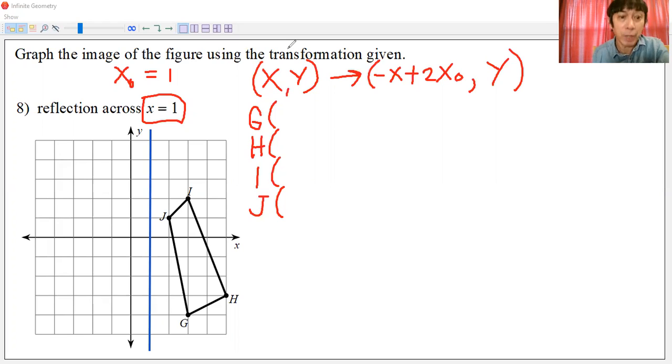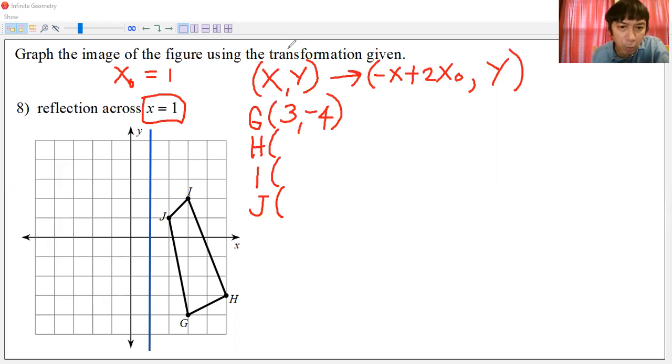The origin is right there. So 3 and negative 4. There's a little confusion there because of the blue line. Okay, so that's 3 and negative 4.